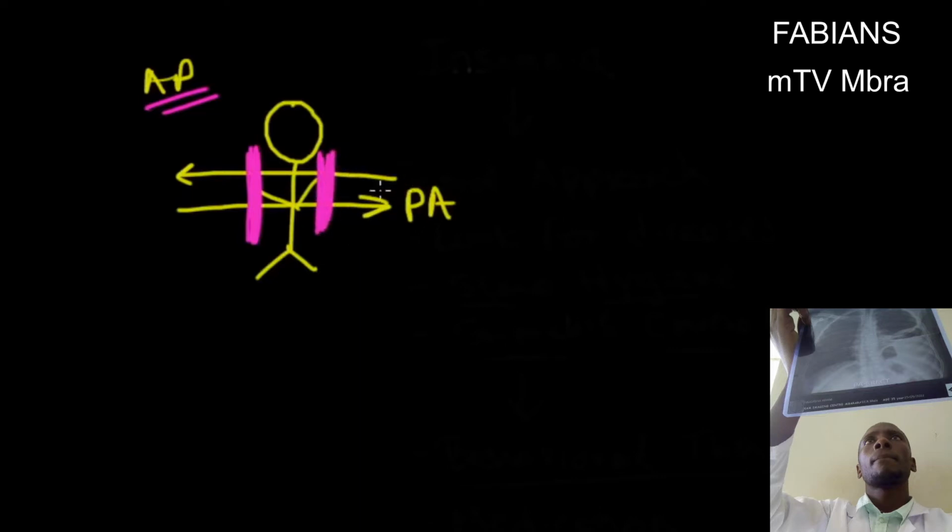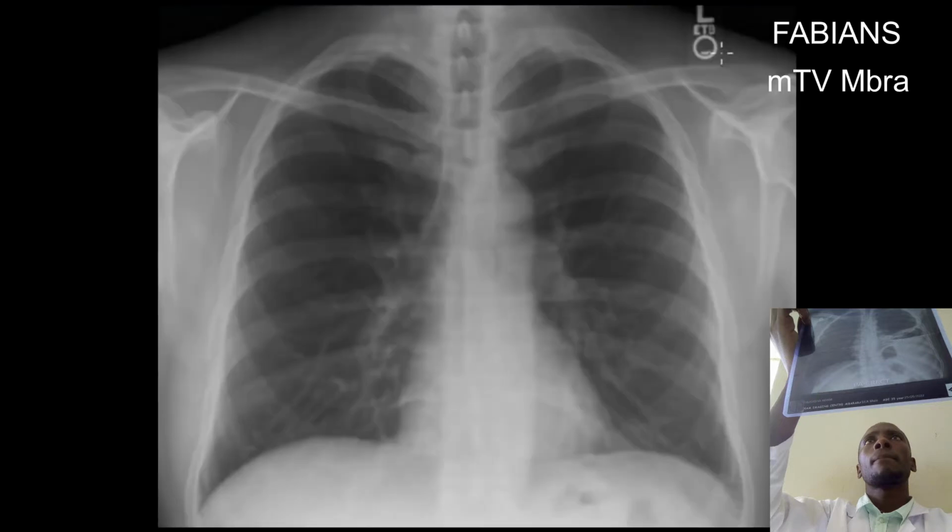When it is put in front of the patient, that is PA, posterior anterior. These are the positions when shooting X-ray film, where the patient stands and how.